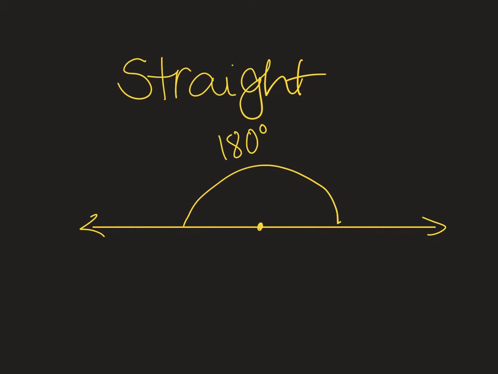Now, one that we haven't learned about in the past is a reflex angle. It's sort of an upside down obtuse angle in my opinion, but it measures anywhere between 180 and 360 degrees. Let me show you an idea of what that looks like.